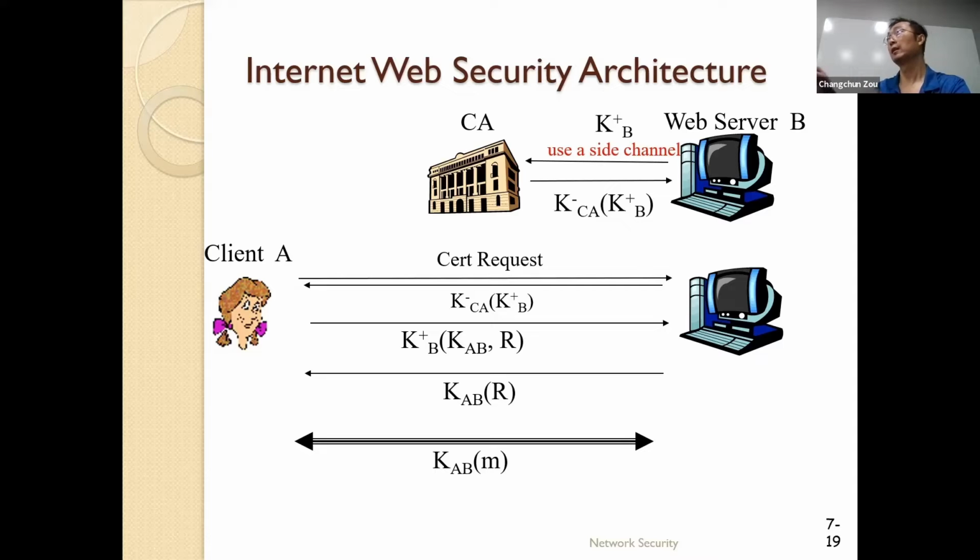So there are multiple symmetric encryption keys used for browser and web server communication. But the concept is that the symmetric encryption key is generated by the browser and shared to the web server through this public key encryption channel.